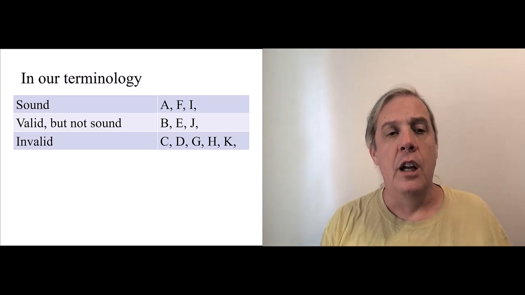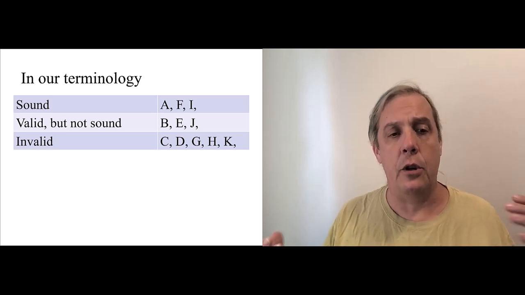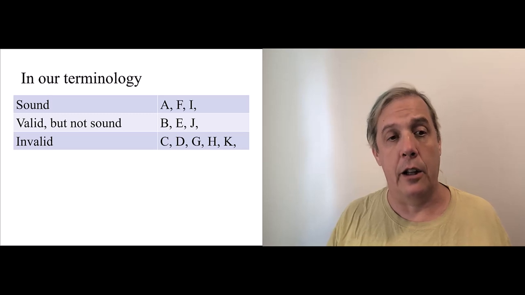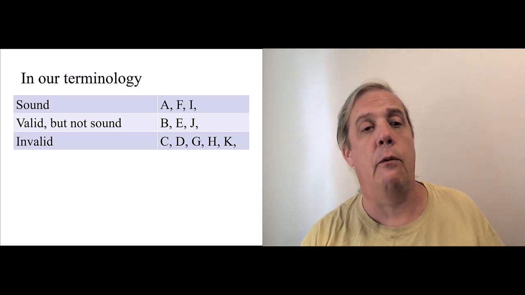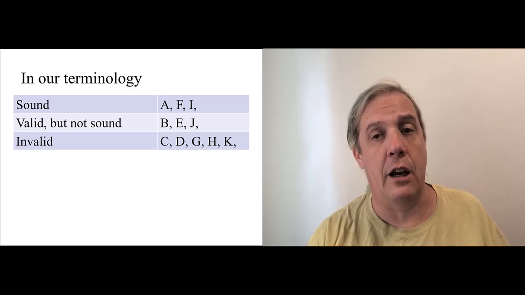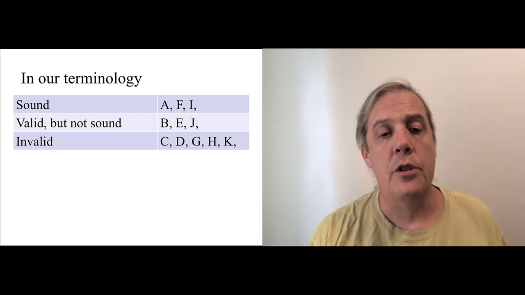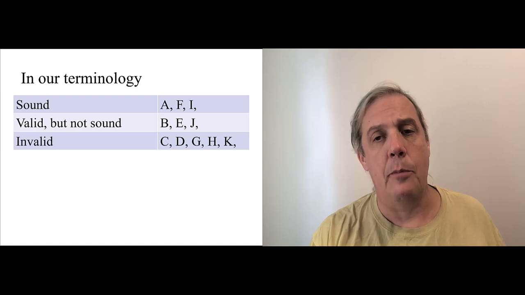The first exercise set would have had you separating valid from invalid arguments. That is, you're not worried about whether something belongs in the sound pile or the valid but not sound pile. So now I'm going to go into more detail about this terminology.